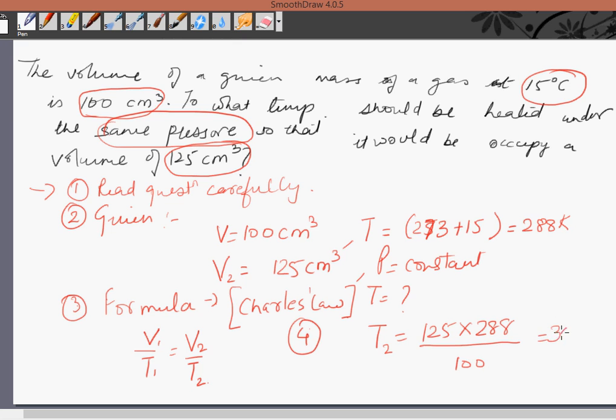What value do you get after calculating? That is 360 Kelvin. Now, the question gave the first temperature in Celsius, so we have to convert the result T2, 360 Kelvin minus 273. The result is 87 degrees Celsius. So this is basically your result.